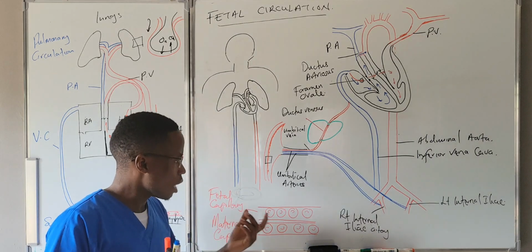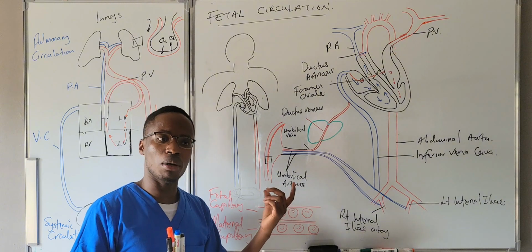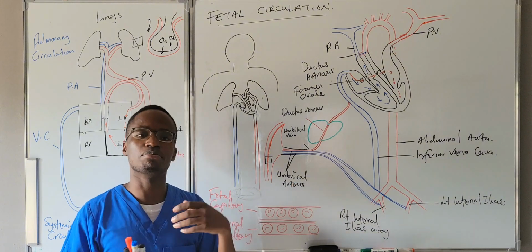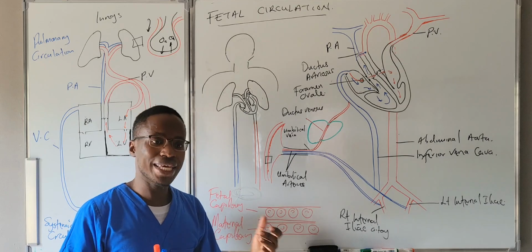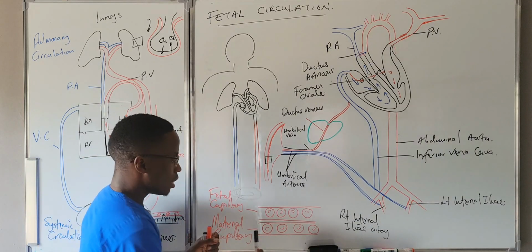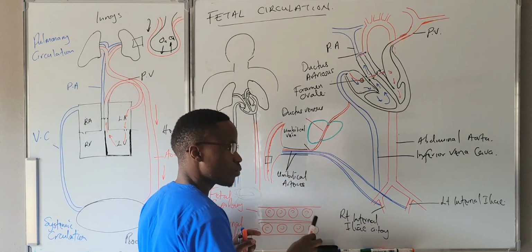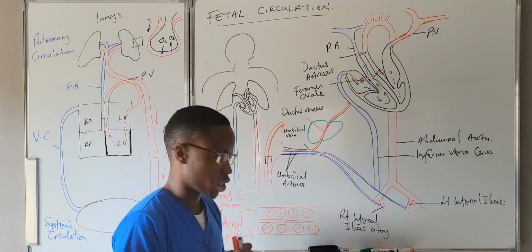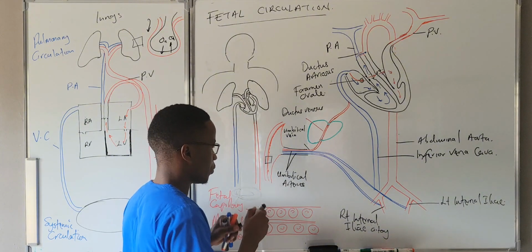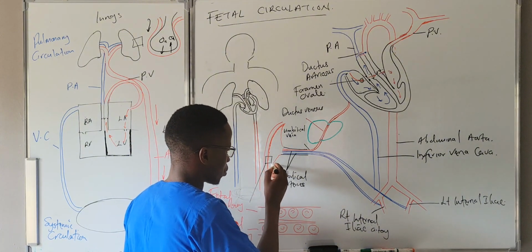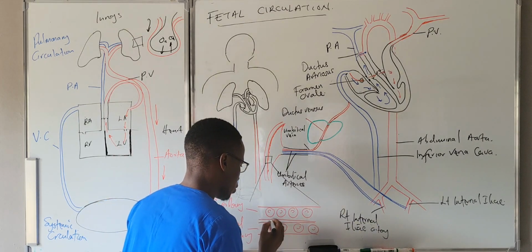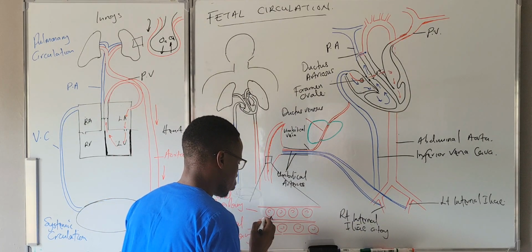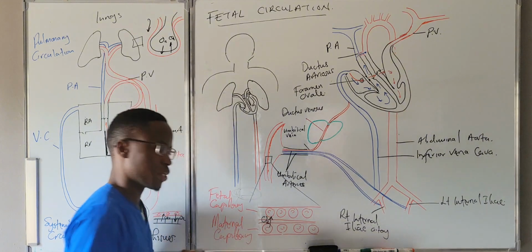So because the fetal blood has more hemoglobin, the oxygen that is passing through the maternal circulation at this point here is going to be attracted into the fetal circulation.